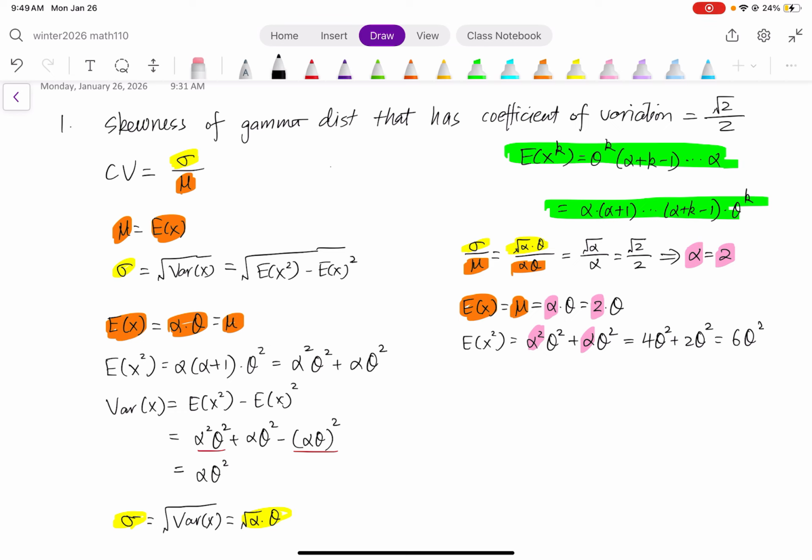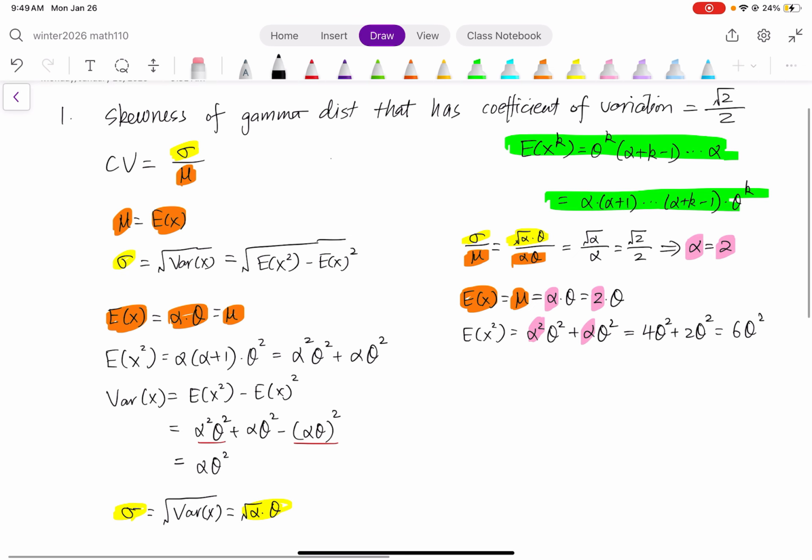And they are asking you to calculate skewness, where skewness is equal to expected value of x minus mu to the third over standard deviation to the power of 3.